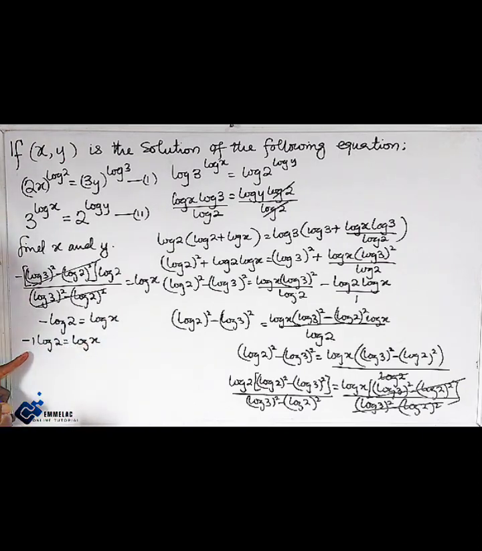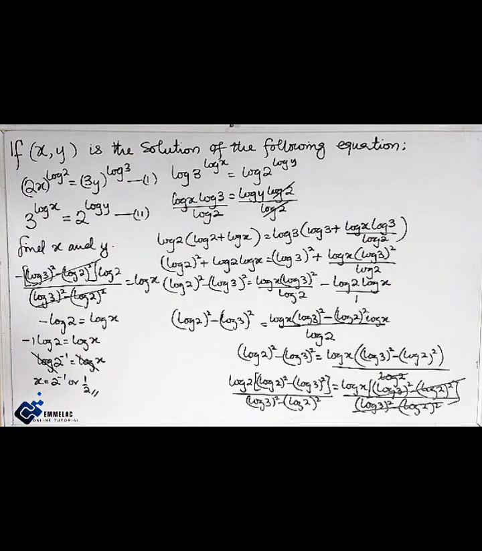Now at this point, we can say this is log 2 raised to the power of negative 1 equals log x. So we can eliminate the log. At the end of the day, x equals 2 raised to the power of minus 1, or 1 over 2.